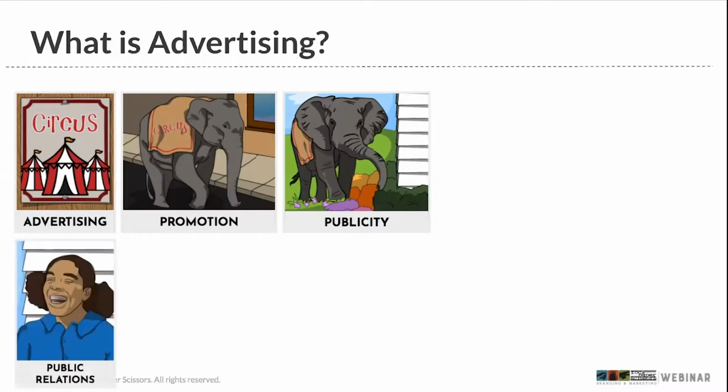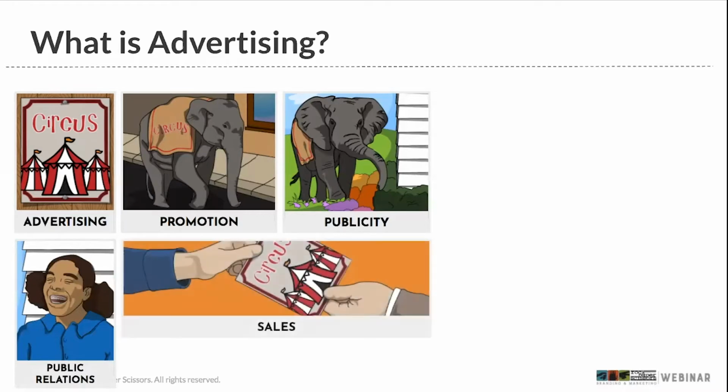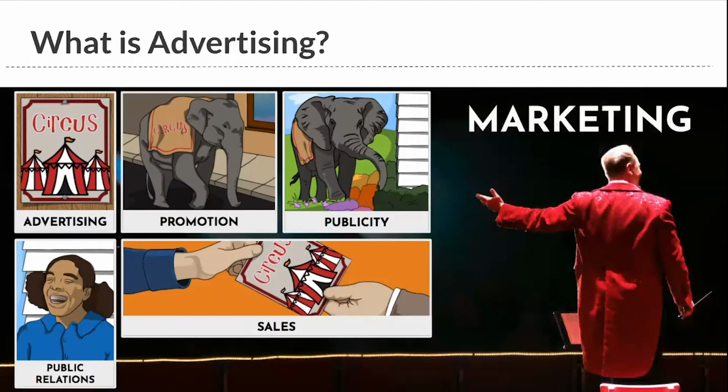If you get the mayor to laugh about it, then that's public relations. If the town citizens go to the circus, you show them the many entertainment booths, explain how much fun they'll have spending money at the booths, answer their questions, and ultimately they spend lots of money at the circus, that's sales. And if you plan the whole thing, that's marketing.